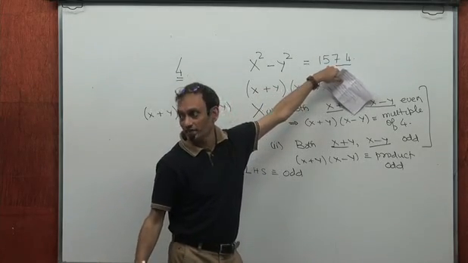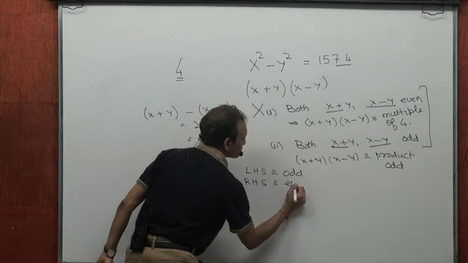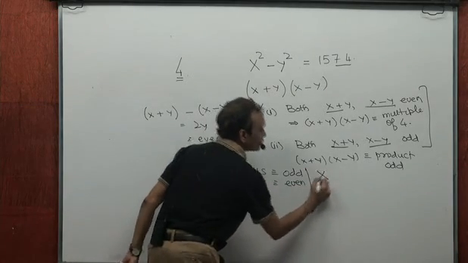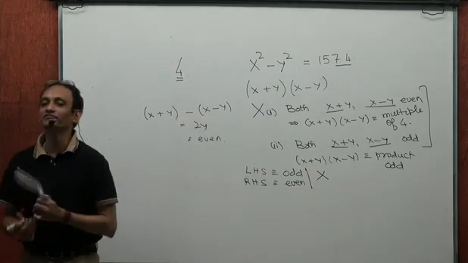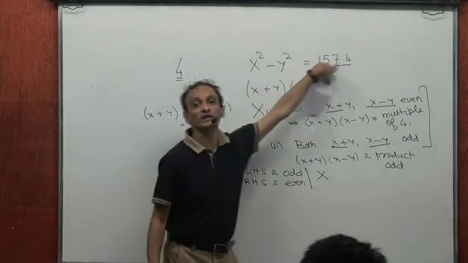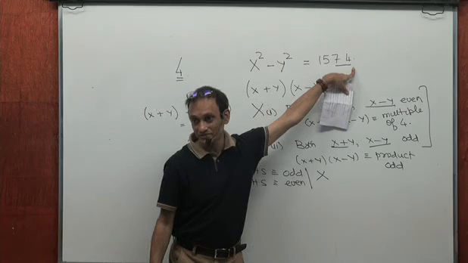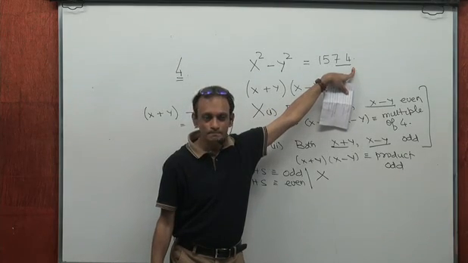Is the right hand side not even? So is this possible? No. That means I can't have natural numbers x and y for which x squared minus y squared is 1574. That's impossible.